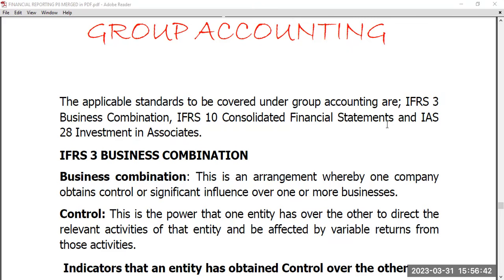So for now, we are going to stop here, but in the video that is coming, we are going to look at IFRS 3 business combination. We'll try to look at what it is all about, what business combination means.